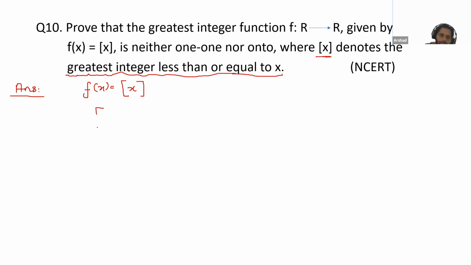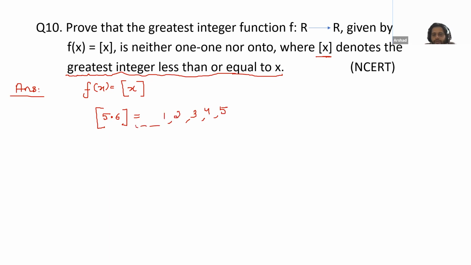So suppose I put a value here, 5.6. What is this statement? Greatest integer less than or equal to. So please tell me all the integers which are either equal to this or less than this. There is no integer which is equal to 5.6, so the integers which are less than 5.6 are 5, 4, 3, 2, 1, and so on.